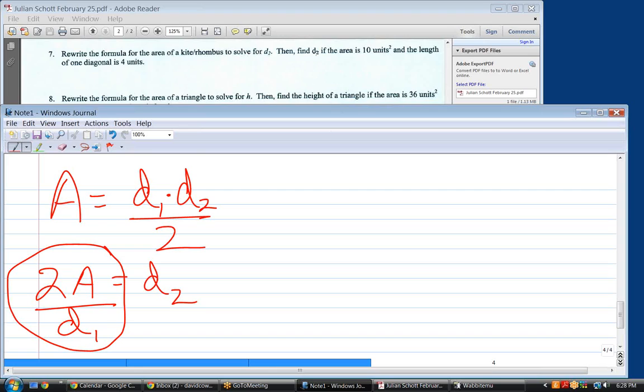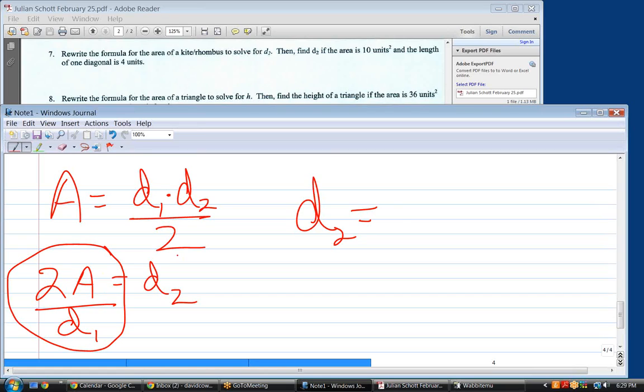Now let's plug in. Find D2 if the area is 10 square units and the length of one diagonal is 4 units. So D2 equals what? 10 units squared.